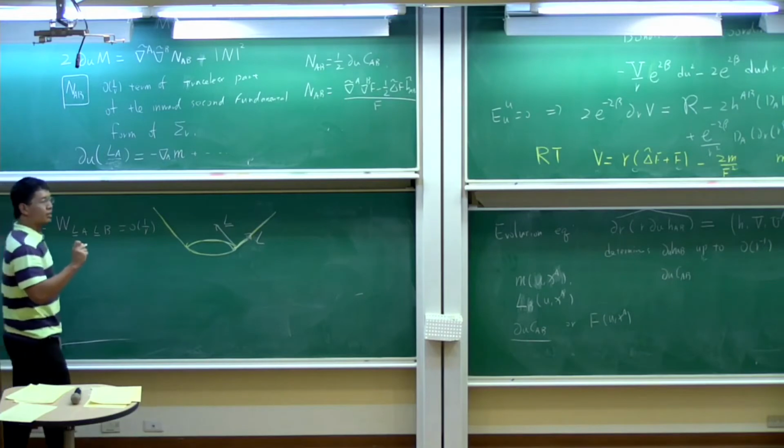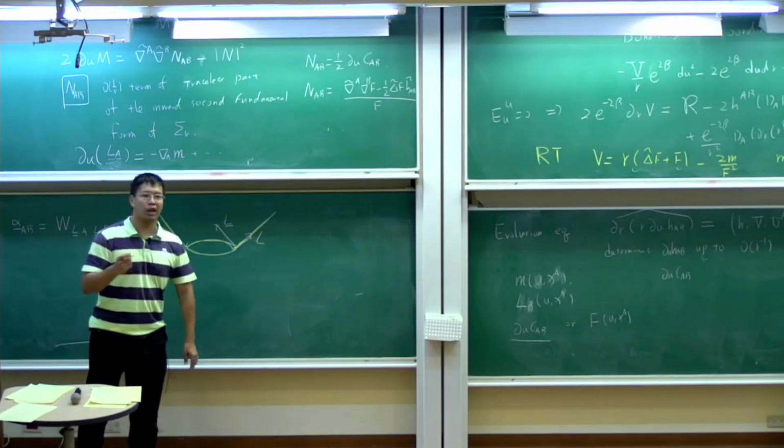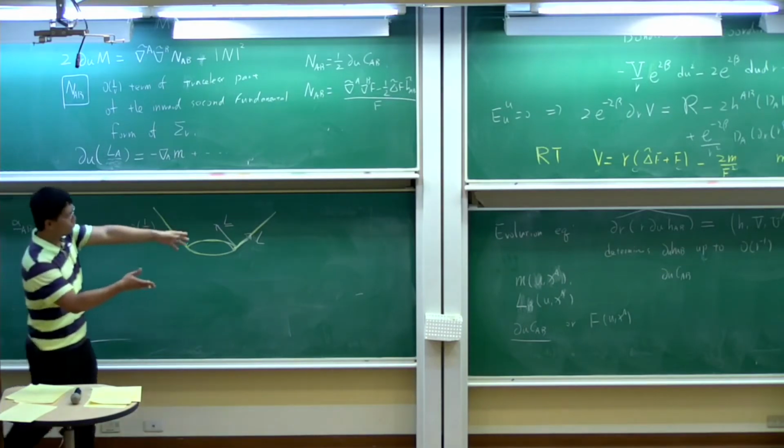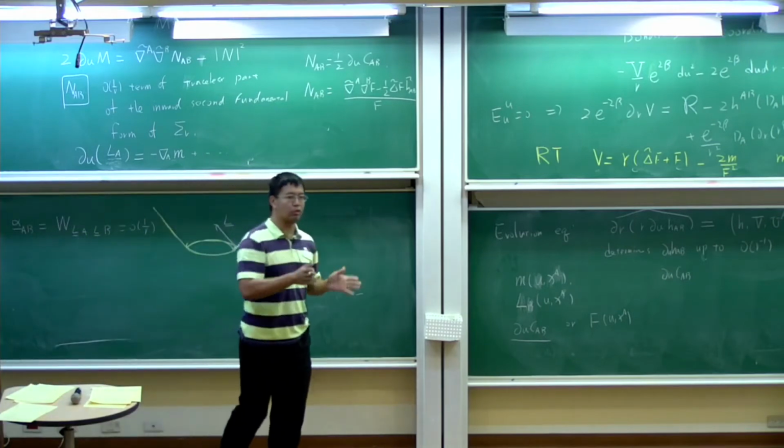There's a component which decays at 1 over R squared, but nonetheless is very important in the discussion later on for gravitational radiation, which is the shear of the null hypersurface. Robinson-Trautman is derived so that the null cone is shear free.